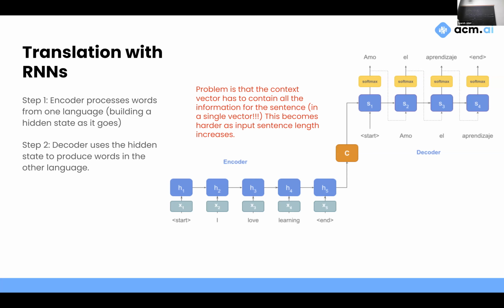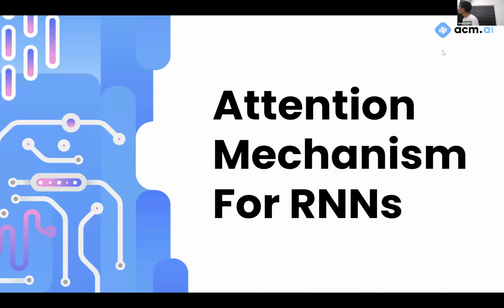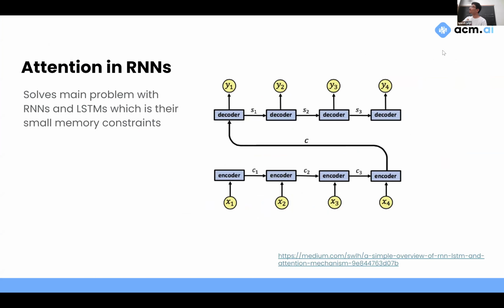So again, this is the main motivation for what's called the attention mechanism. We're almost at transformers, not really. So again, encode, context, decode, right? The problem is this again has to contain everything.